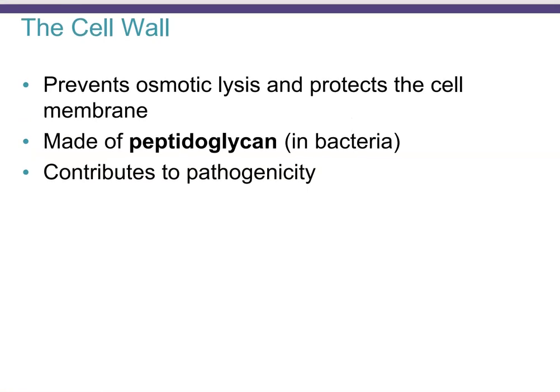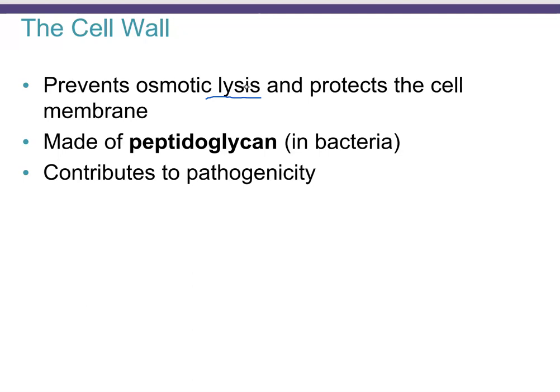The cell wall is great because it protects the cell from lysis, for example. Let's say you have a freshwater organism, and normally it would swell up and burst if it didn't have a cell wall, but the cell wall protects it from osmotic lysis, and it's also just a real nice layer of protection.